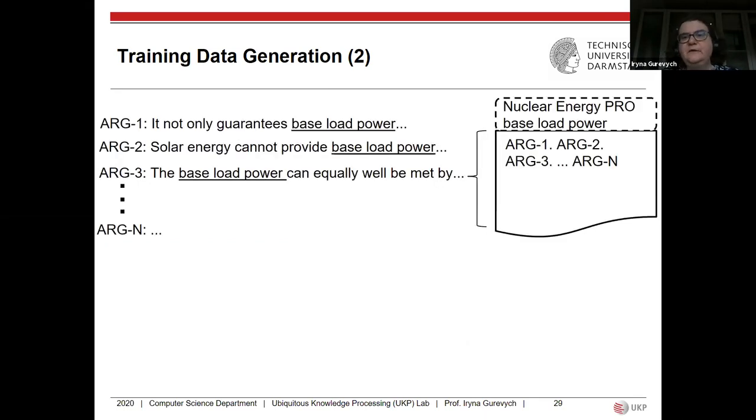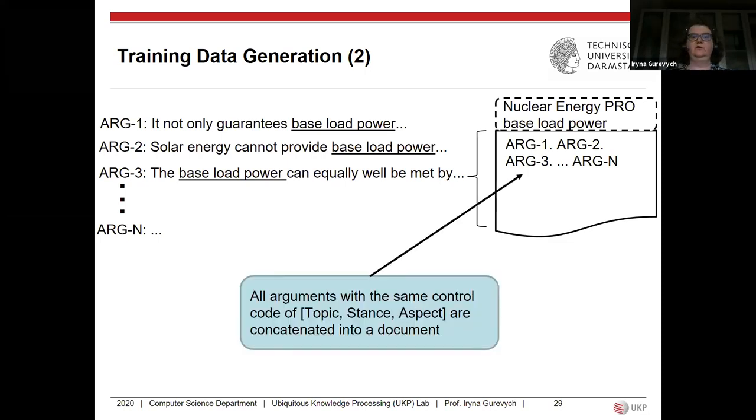Finally, we group all arguments with the same topic, stance, and aspect and concatenate them into our final training document. And to prevent the documents from being too small, we set a lower limit of 15 sentences per topic and an upper limit of 1.5 thousand sentences so that we do not overfit on large overrepresented aspects.